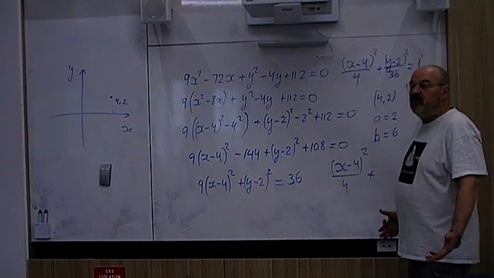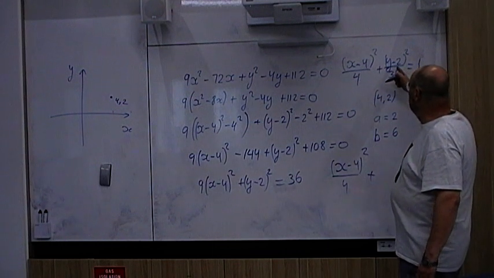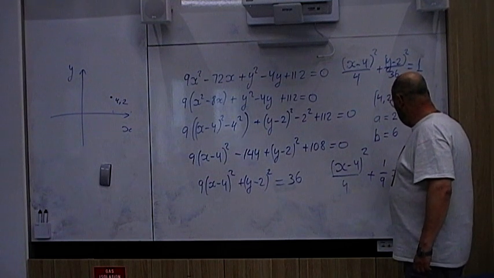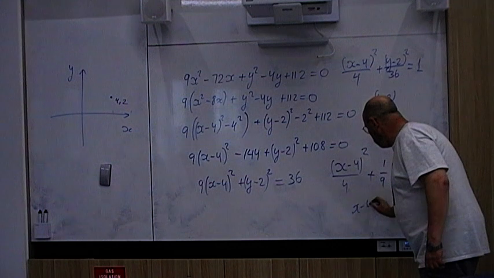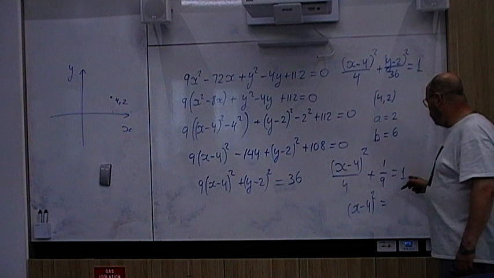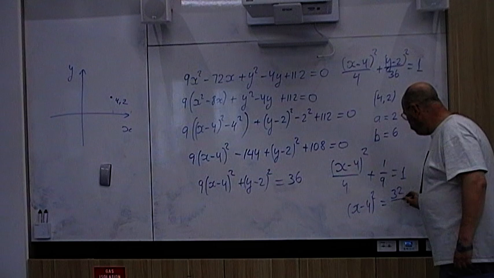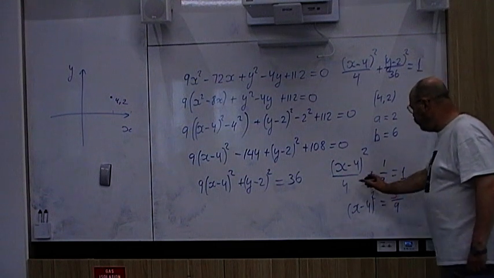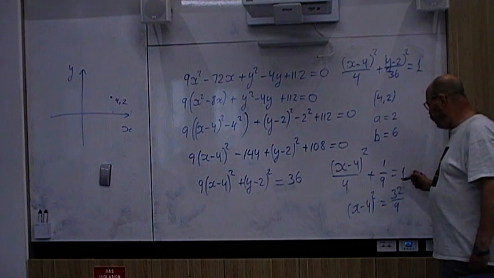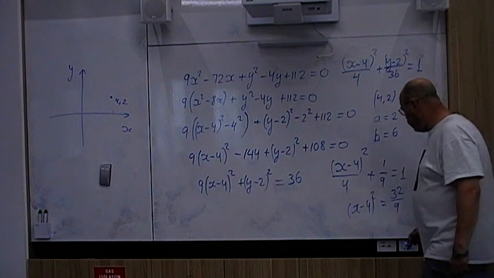when we sketch any graph, we need to find the intercepts. Plus, this will be 2 squared, 4 over 36, so 1/9, equals 1. We get (x minus 4) squared over 4 equals 1 minus 1/9, which is 8 over 9, times 4 gives 32 over 9. That will not be an exact number.